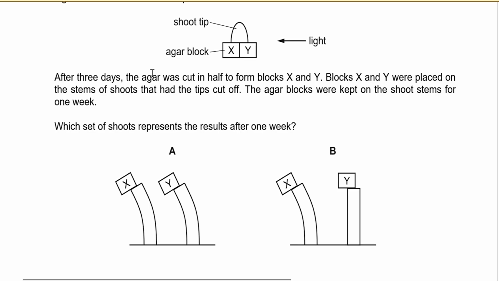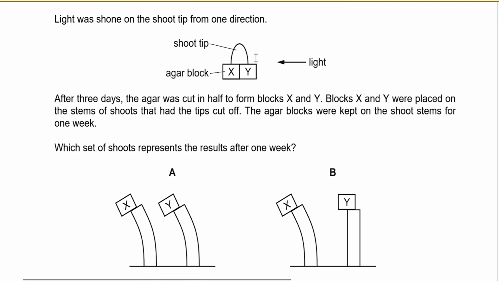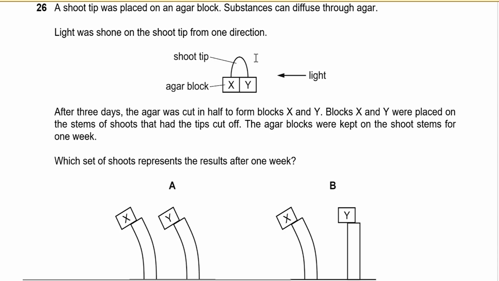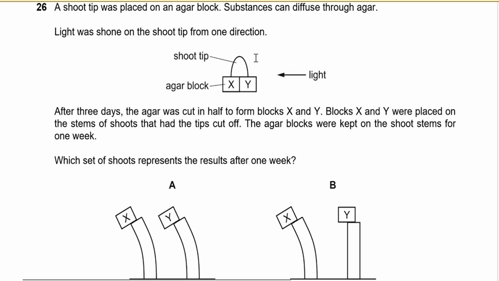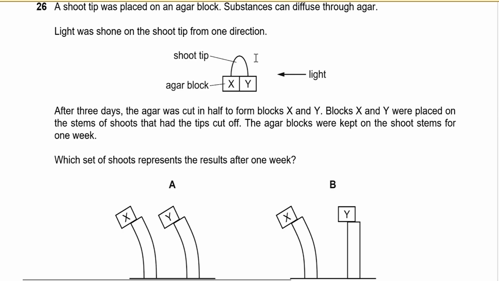We can see that from this side here, the part Y or agar Y received enough light. If it received enough light, it means we have uniform distribution of auxin hormone from the tip of the plant.